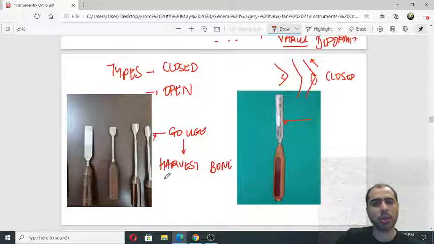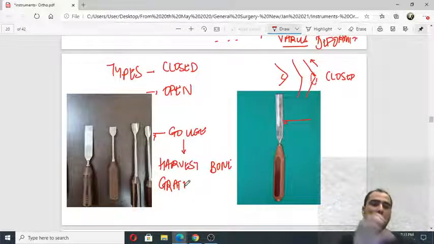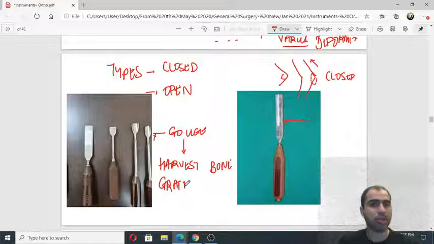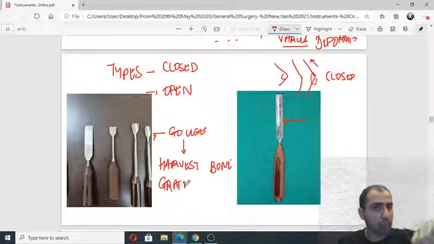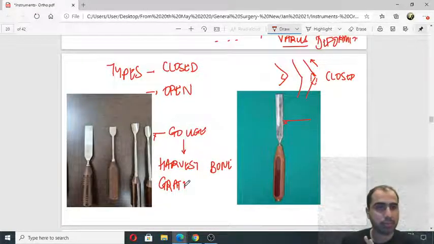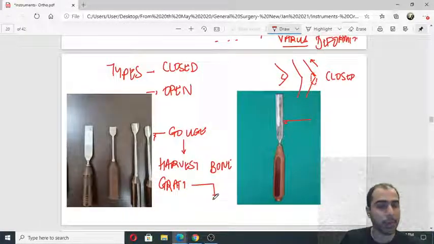What is the common bone graft that I use, which I harvest with a gouge? Let's say I decide I want to put some bone graft. So this is the bone from where I want to take. I put the gouge, strike the hammer, get the bone out, collect it and put it. What is the preferred site for bone graft? Yeah, anybody? Preferred site?